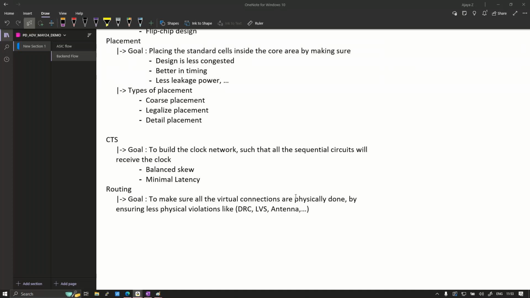So routing, to be more specific: virtual connections are there, right? Those imaginary connections will be made into physical connections. It is like wires will be created. Only that task will be performed. AC DC connections, no. We assume a chip works only in DC, right?